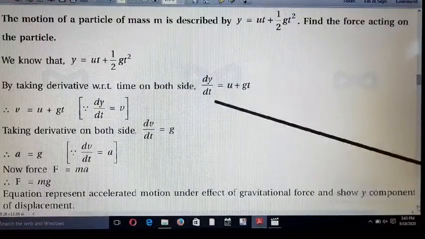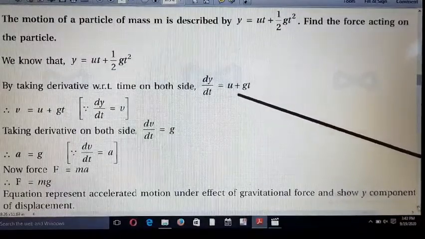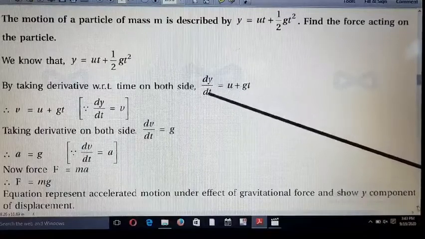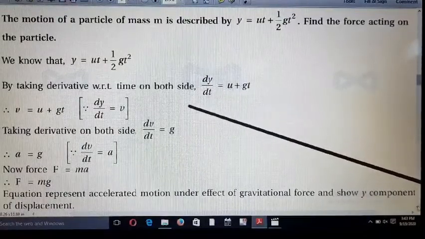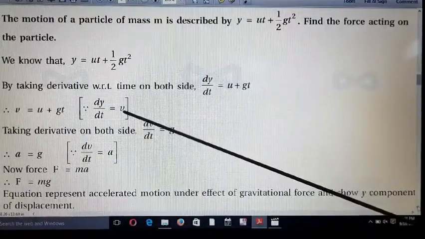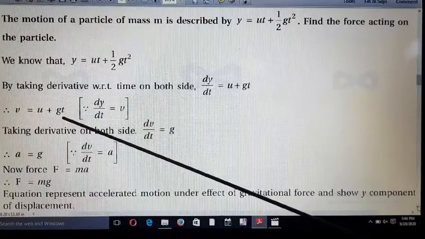So dy upon dt is equal to u plus gt. But look here, dy is a distance and dt is a time. So according to the definition of velocity, dy upon dt is equal to v. So v is equal to u plus gt.